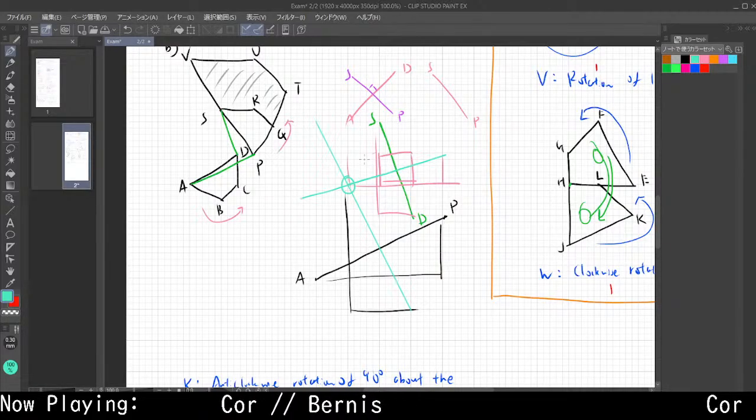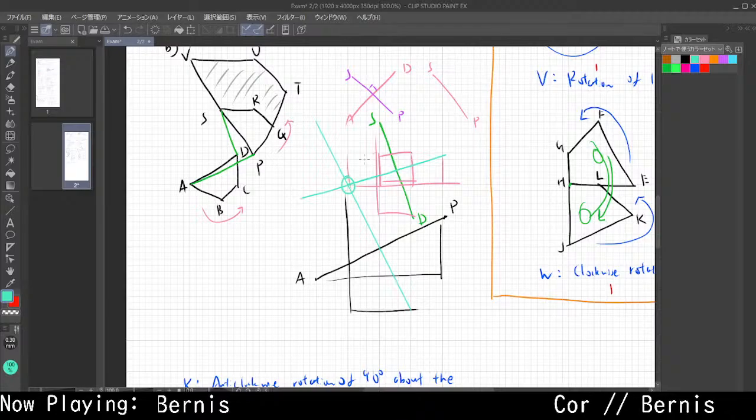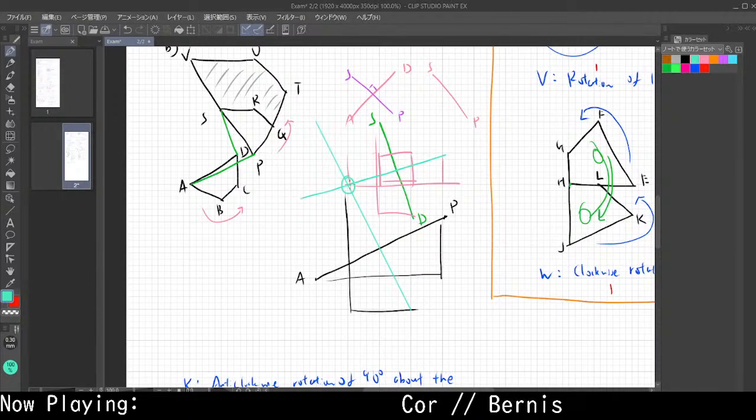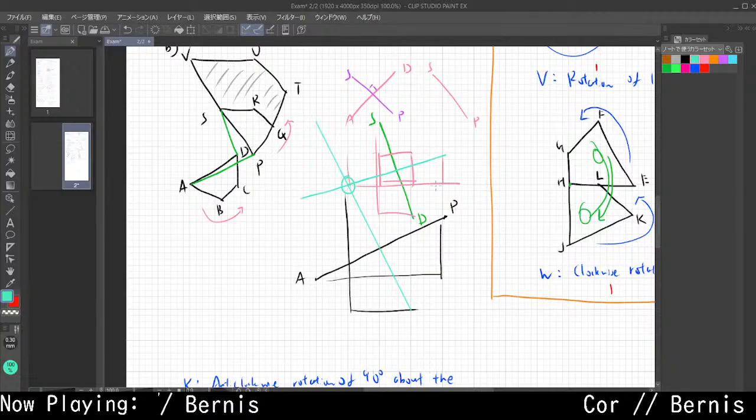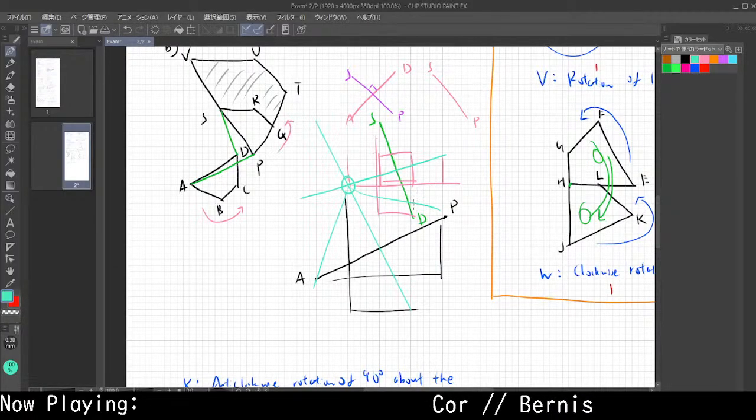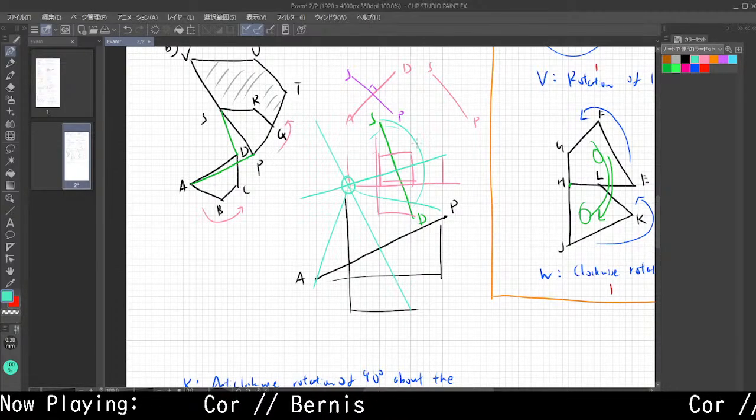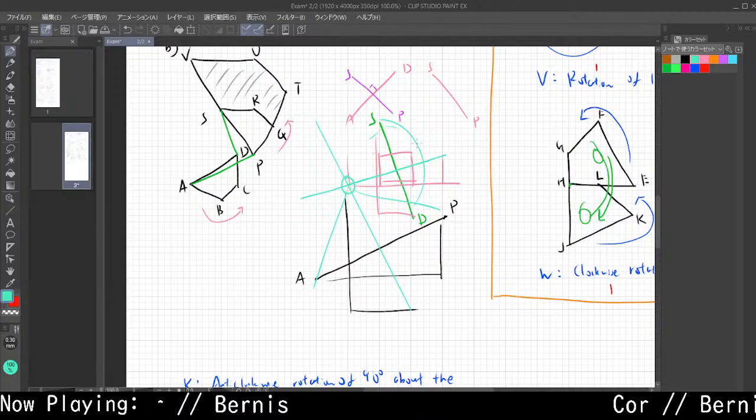As for why this works, you can imagine your rotation center. If you draw your lines towards your points, and you turn the entire thing around, that basically means that you're rotating it directly, right?